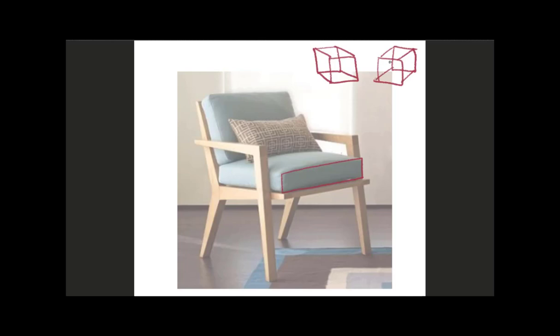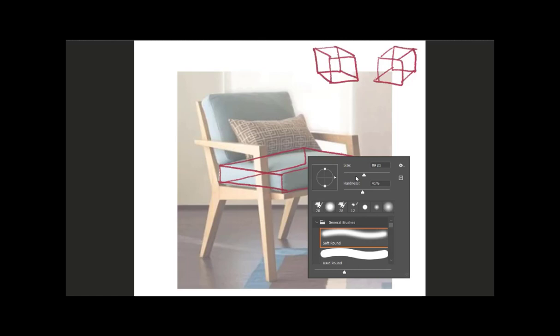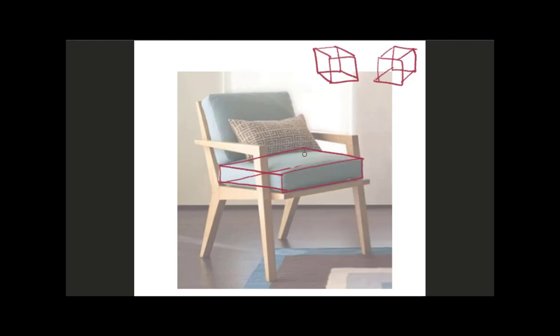It's facing this way, this is facing this way. I come down here and I draw my cube. As you can see, like what I always say, your eraser now, we erase what we don't want to see.